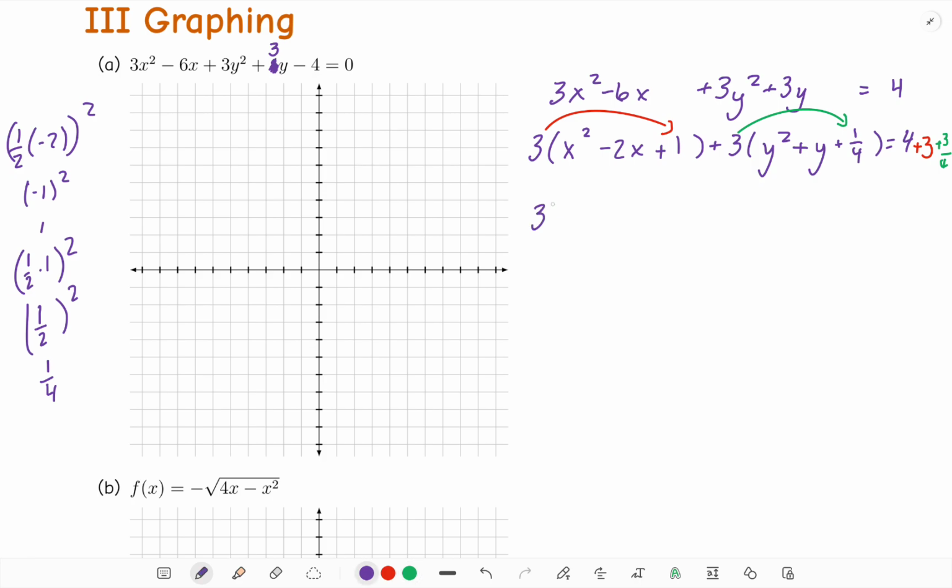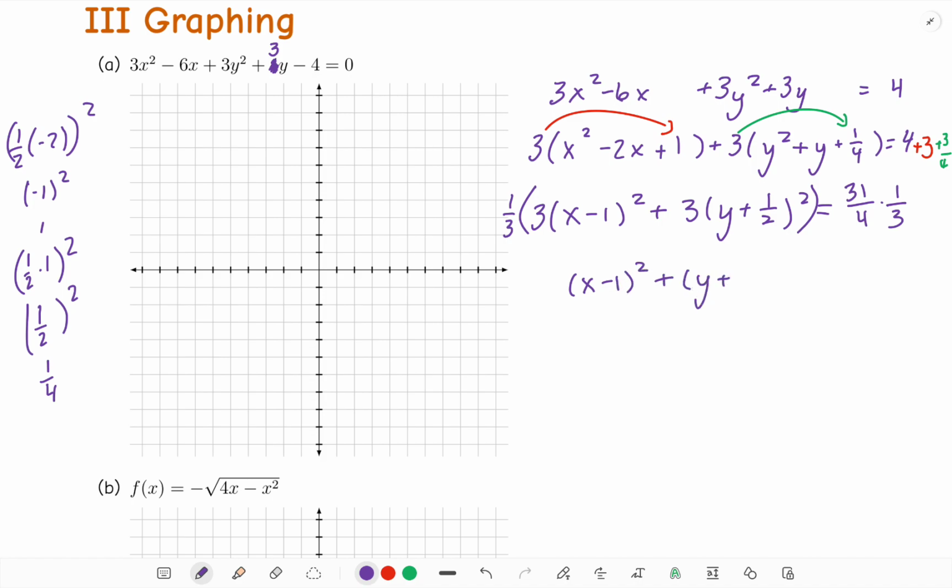So we get 3 times x minus 1 squared plus 3 times y plus 1/2 squared equals 31/4. Now, all I'm going to do is multiply by 1/3 on both sides. And we get x minus 1 squared plus y plus 1/2 squared equals 31/12. And now to graph this, I plot the coordinate 1, -1/2.